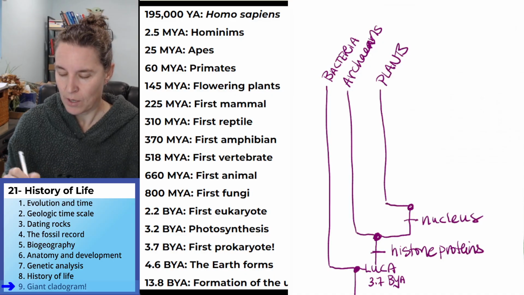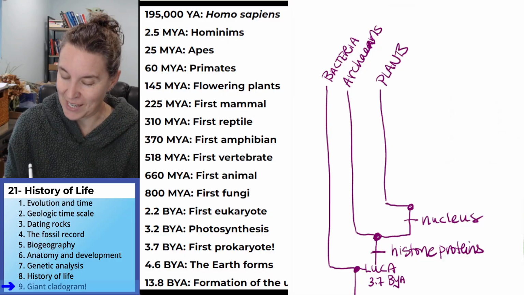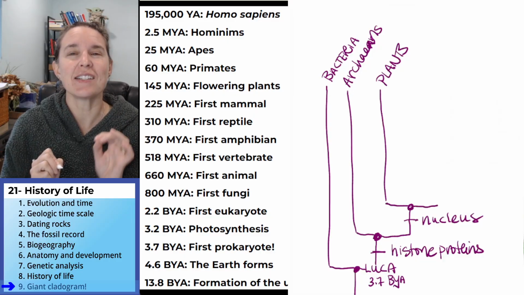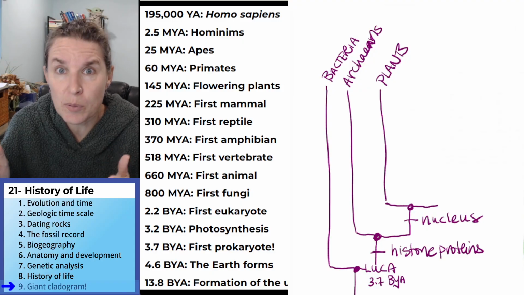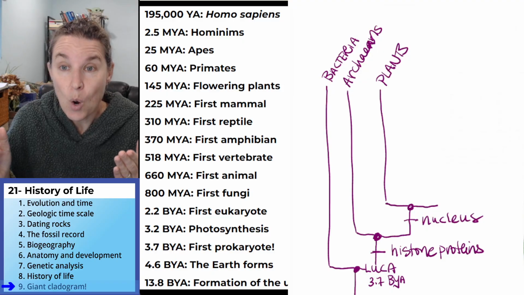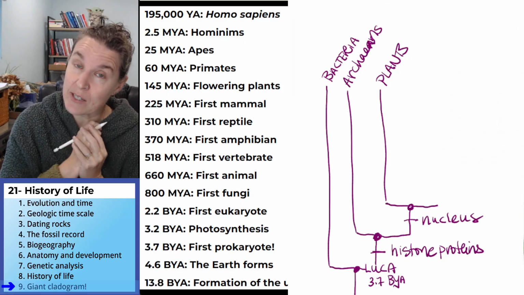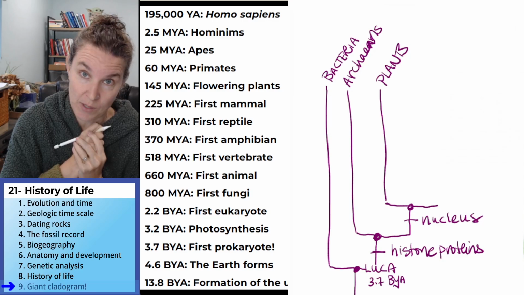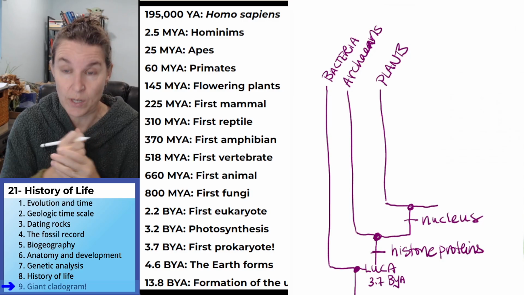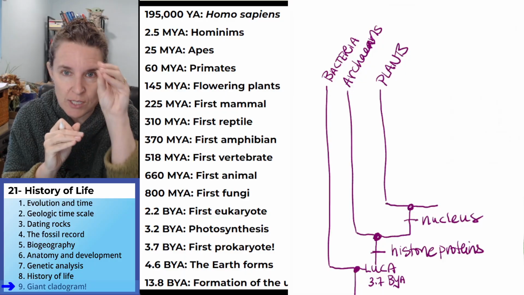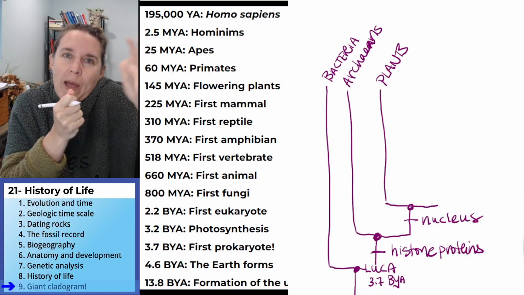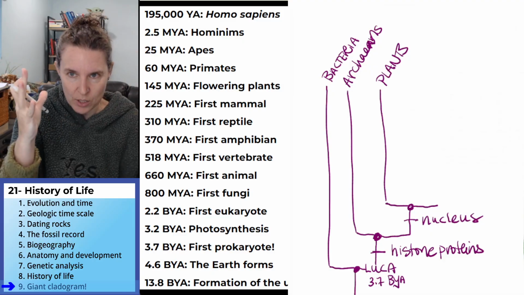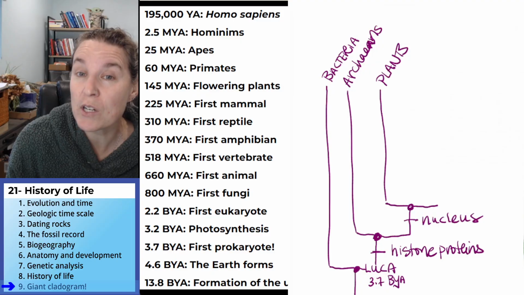Now, take a breath, because I guarantee we are going to expand on the plant cladogram. We could expand on the bacteria cladogram and the archaean cladogram, and we are not. We're going to allow those groups to just stay homogeneous, like all bacteria are in one group. We're not going to do any splitting, but plants, we're going to do some splitting.